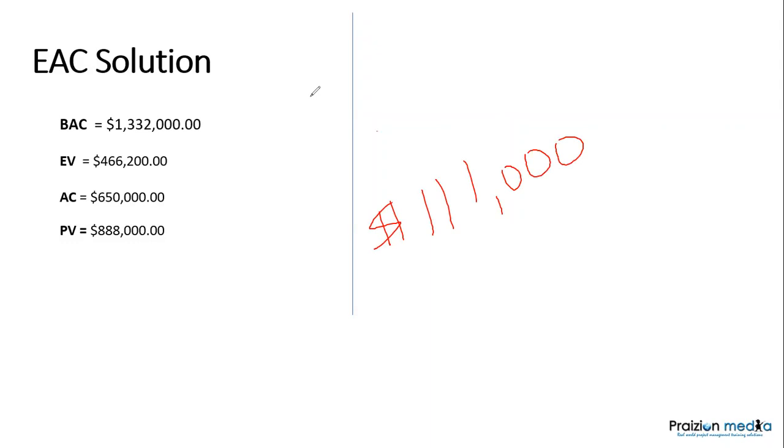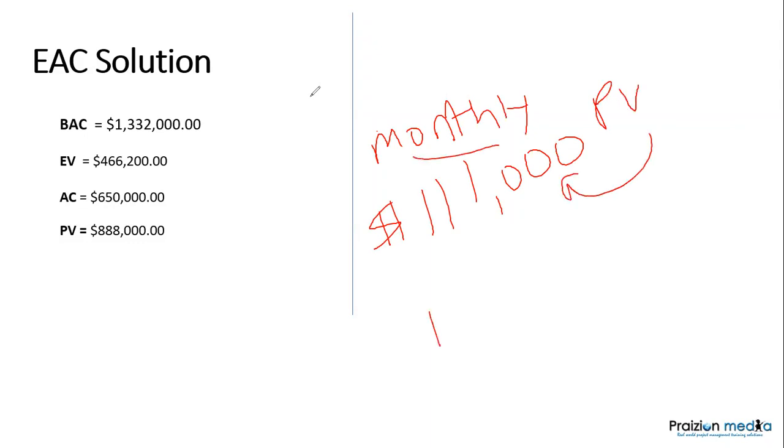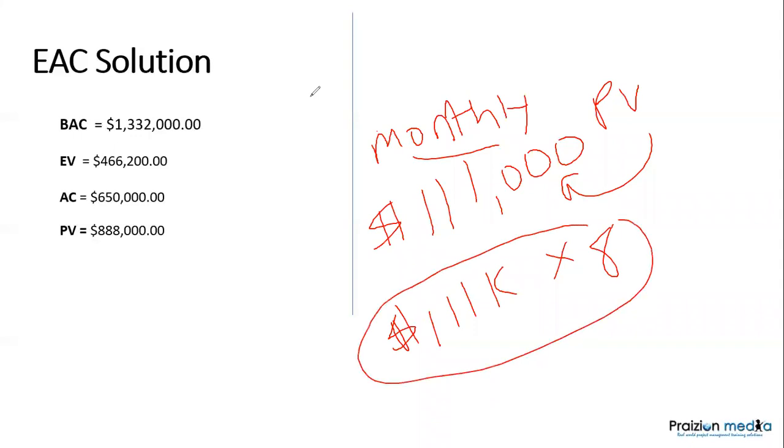So every month, the planned value monthly is this. So in 8 months, it would be 111K times 8. Okay, and that's how we got this number.